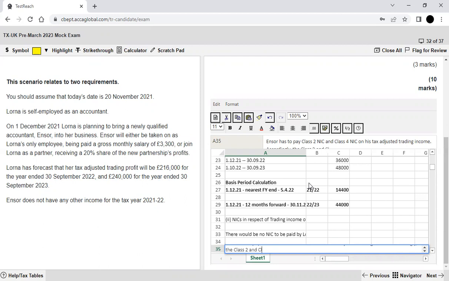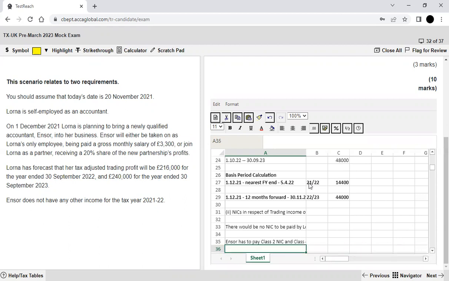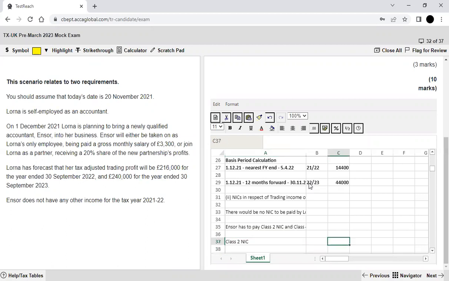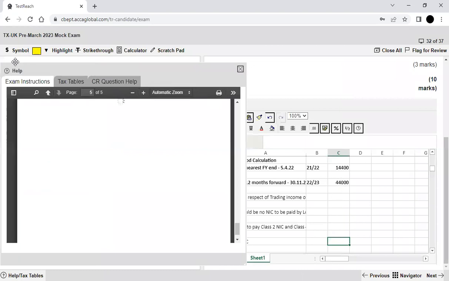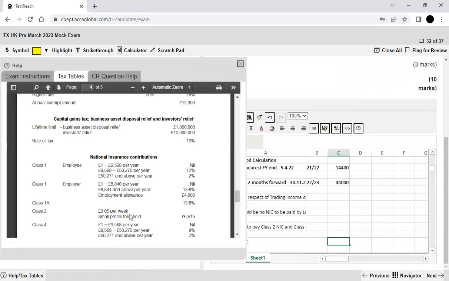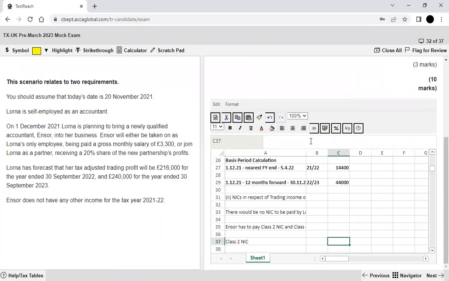Accordingly, the class 2 and class 4 NICs would be: class 2 NIC is 3.05 per week.